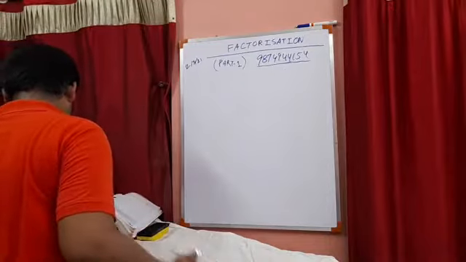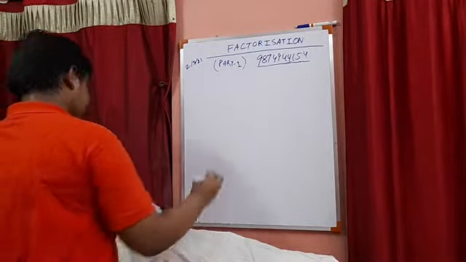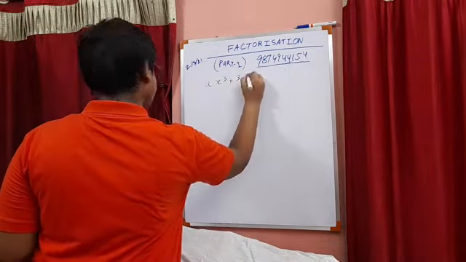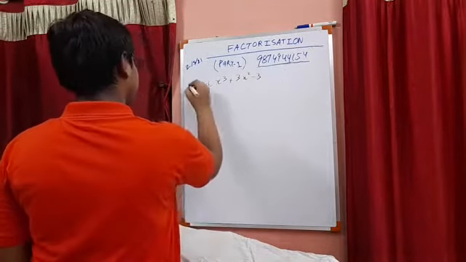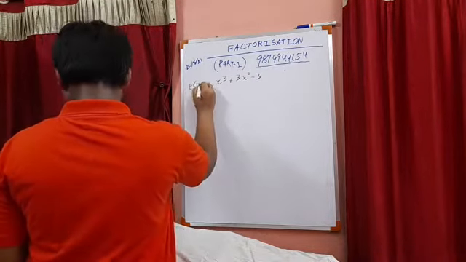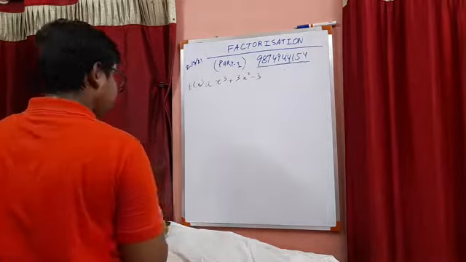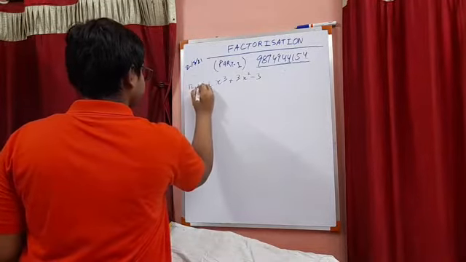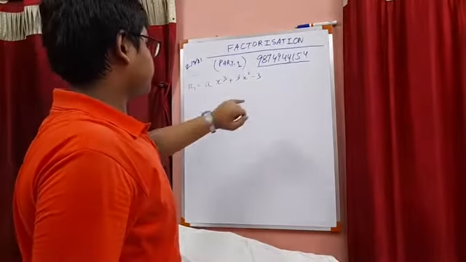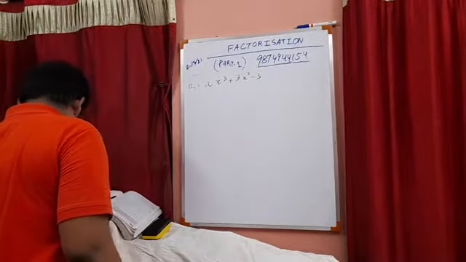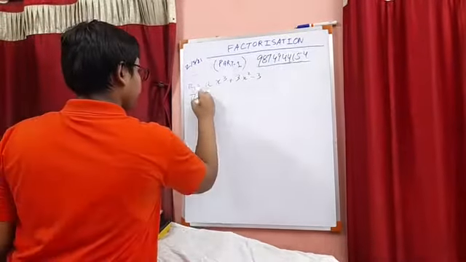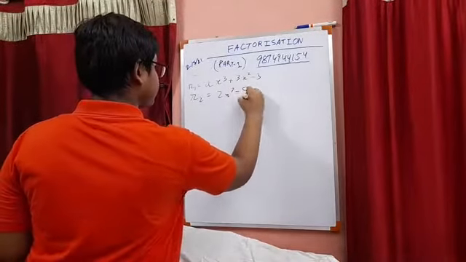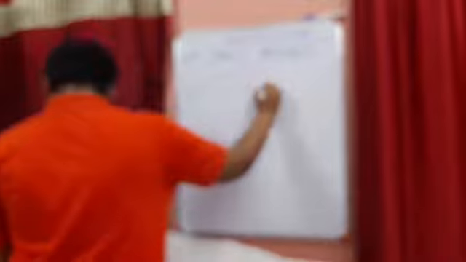R1 is equal to ax cube plus 3x squared minus 3, the remainder, and R2 is equal to 2x cube minus 5x plus 8.